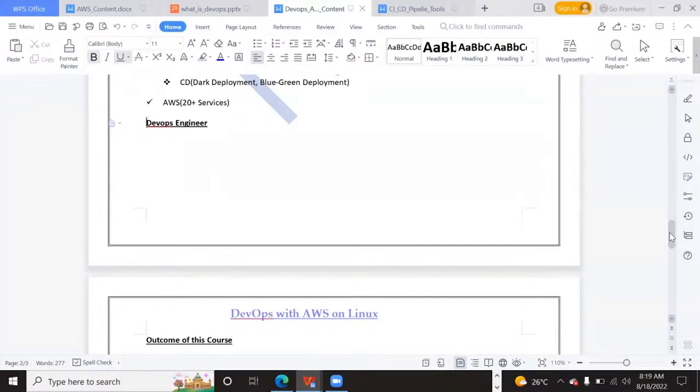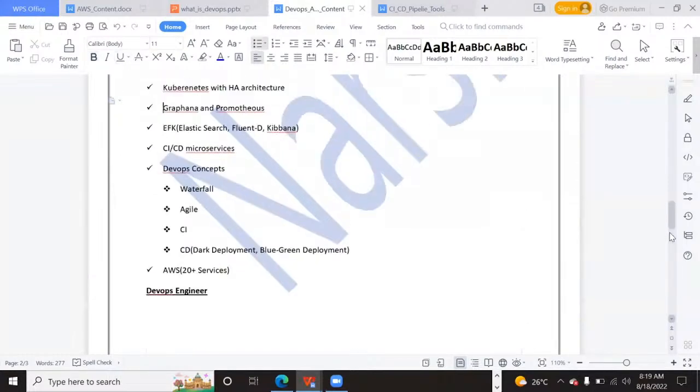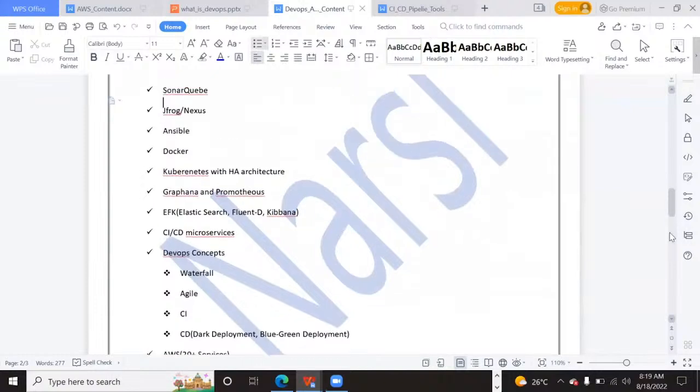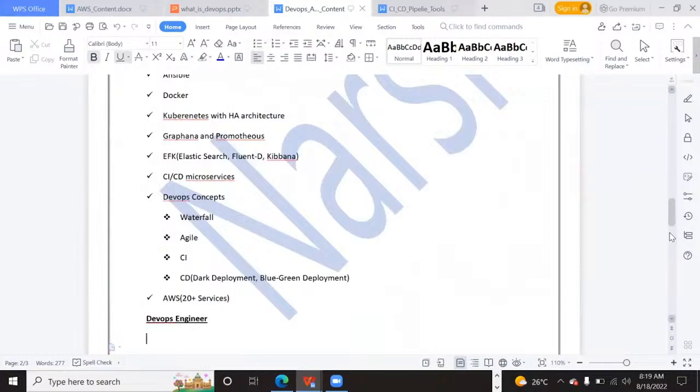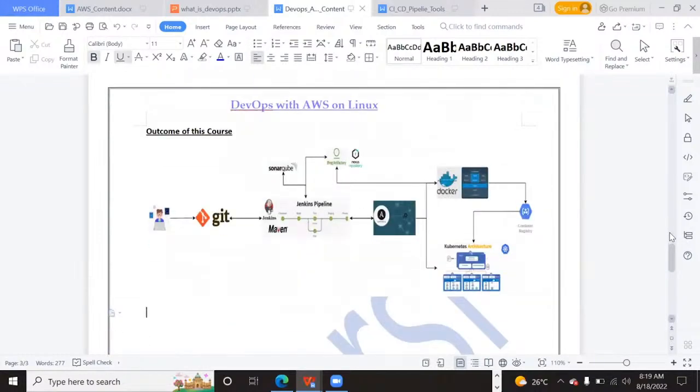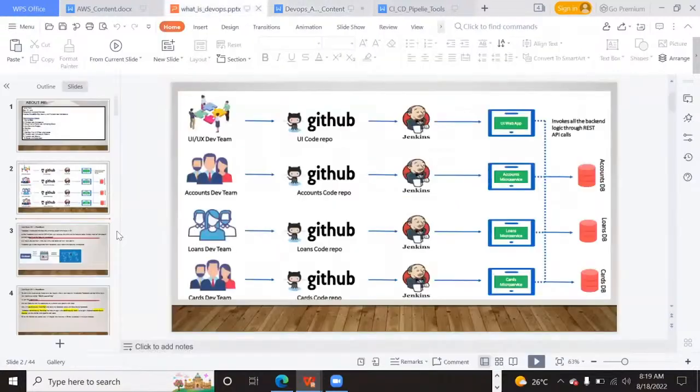However, let us also see what we're going to cover from the AWS point of view. Let me see the AWS course content and what we cover in AWS. Let me showcase the production architecture. This is the production architecture.